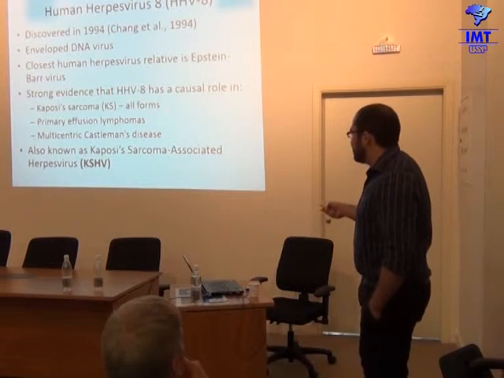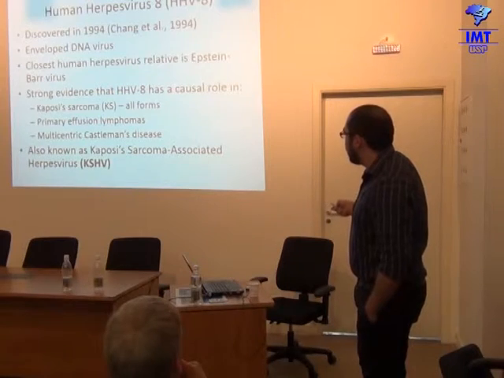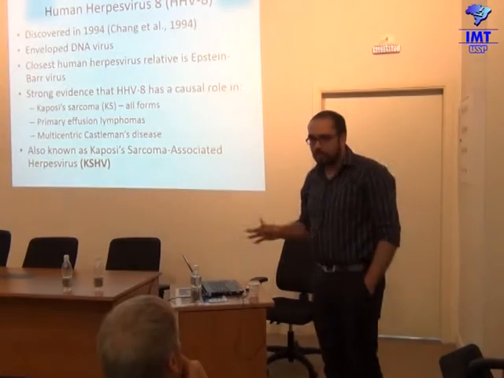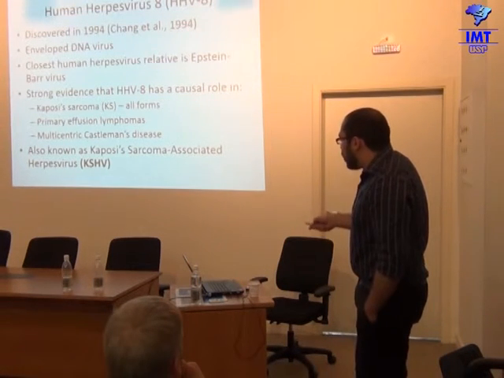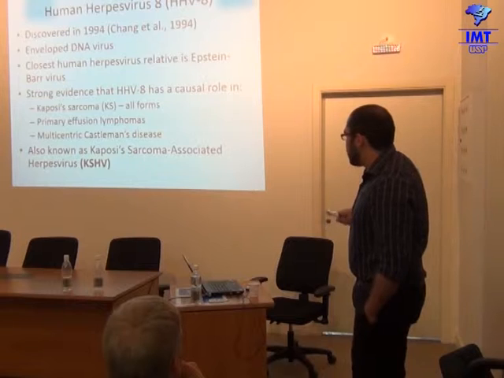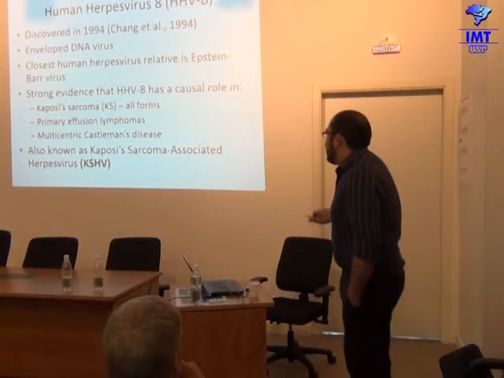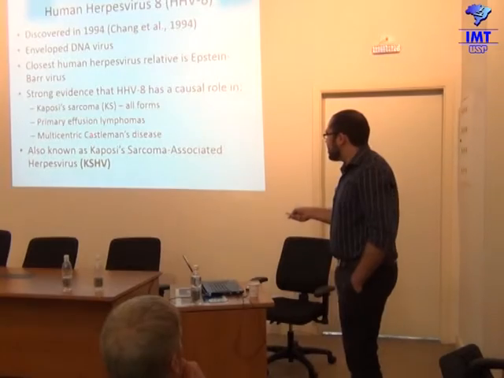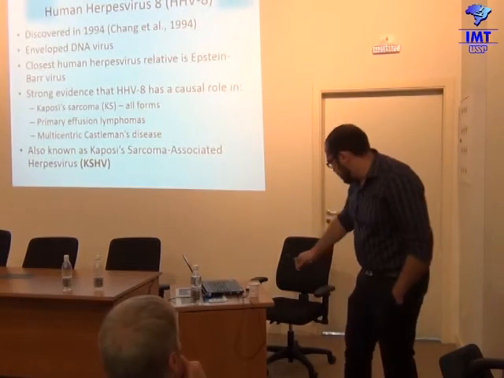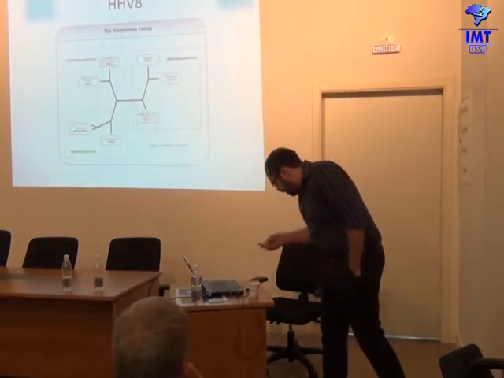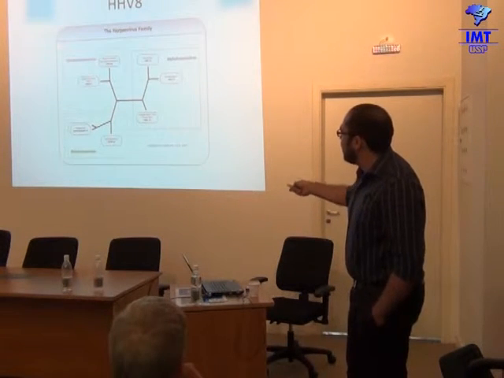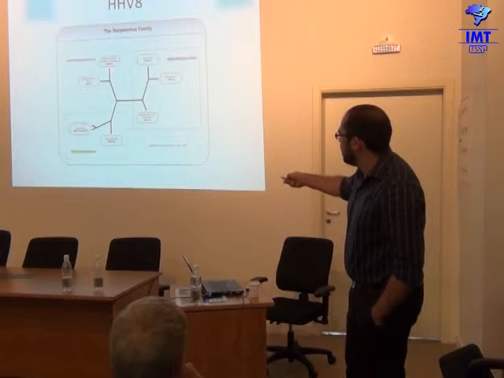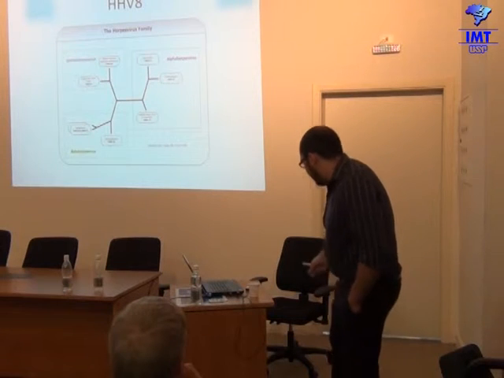We have strong evidence that HHV8 has a causal role in Kaposi sarcoma, all forms of Kaposi sarcoma, and because of that, it's also known as Kaposi sarcoma associated herpes virus, and in primary effusion lymphomas and multicentric Castleman disease. HHV8 belongs to the herpes virus family and subfamily gamma herpes virus, and the related virus is HHV4, Epstein-Barr virus.